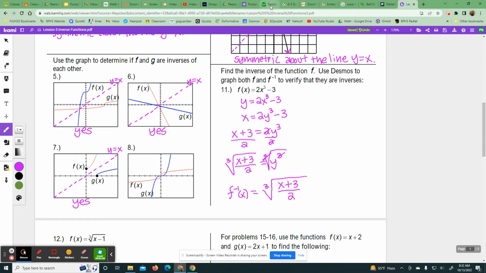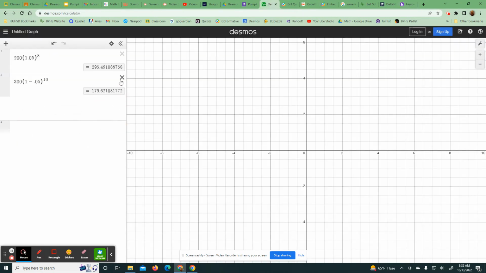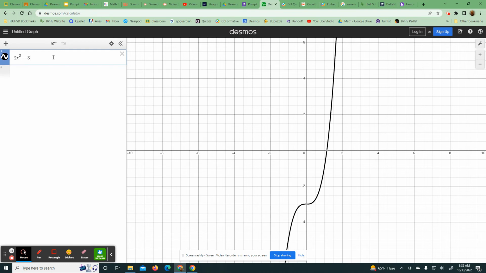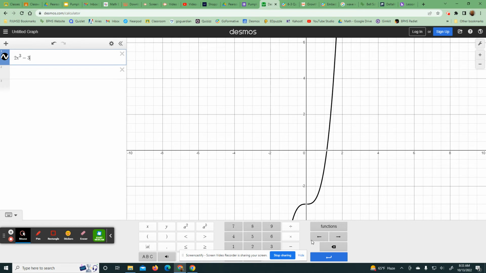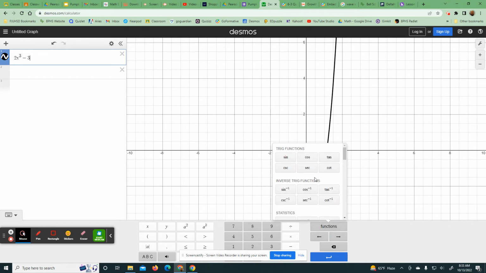So I'm going to graph 2x cubed minus 3. Okay, so 2x cubed minus 3. And then I got the cube root. Move this guy. There we go. So let's see, I need a root. Somewhere.